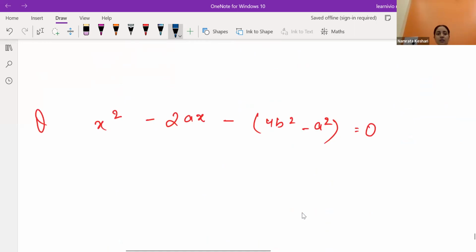So this one, this one also you will be able to do, Zoha. 4b square minus a square, and we want to create just 2a. So can you tell me, Zoha, when we do the factorization of this 4b square minus a square, what are we going to get?